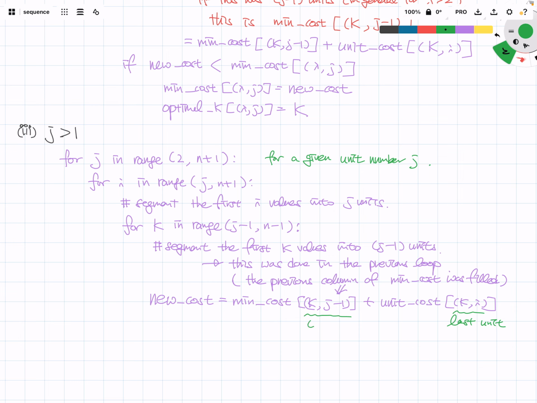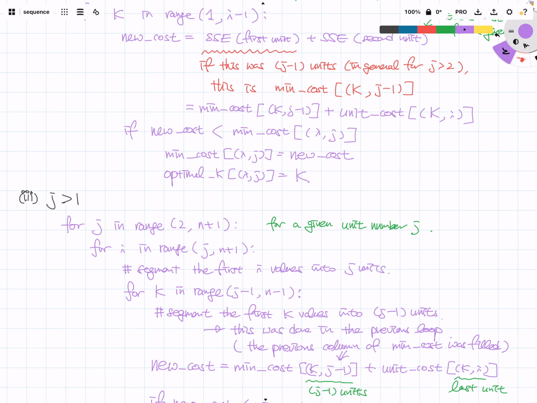And this is the j minus 1 unit. So we can do the same update if this new cost is smaller than the value we wanna update.